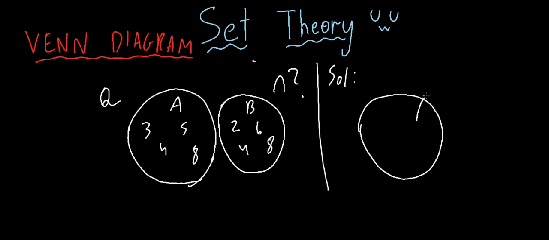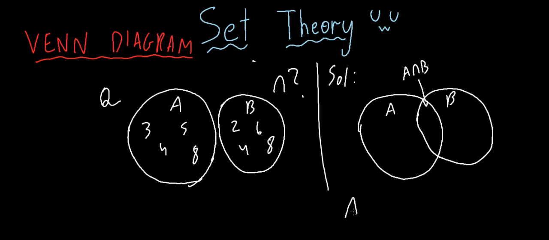This is circle A, this is circle B. Now, the middle part where they meet and combine, we'll call the intersection of A and B. We'll write it simply like that.